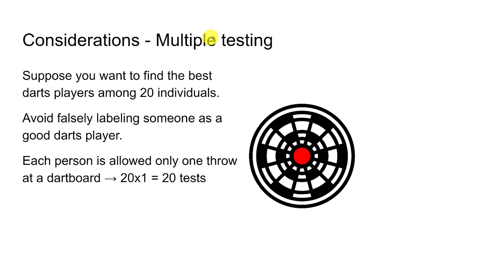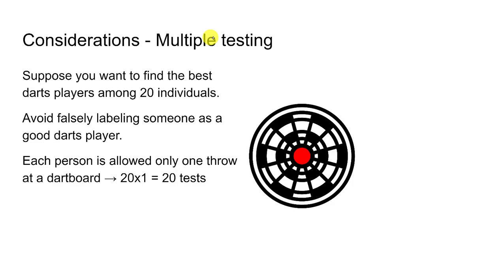And you only allow each person a single throw. So this is 20 tests, and you're trying to avoid people randomly throwing it into the red bullseye, right? You're trying to avoid those false discoveries of people who are not actually good at playing darts.